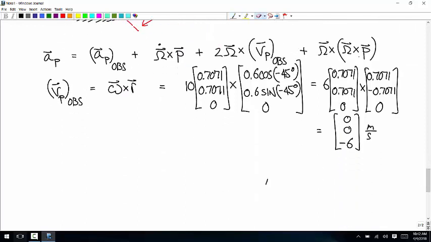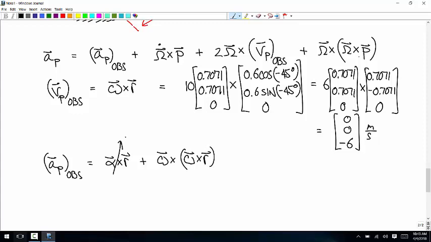Now the observed acceleration is alpha cross r plus omega cross quantity omega cross r. We don't have any alpha.